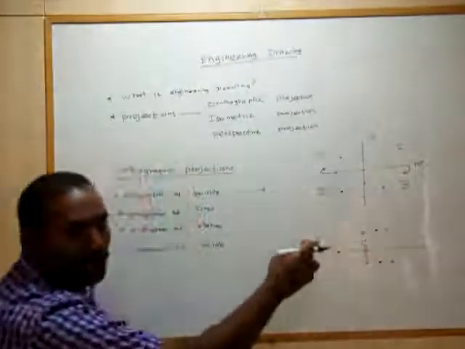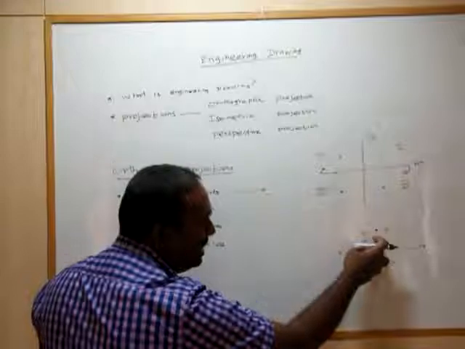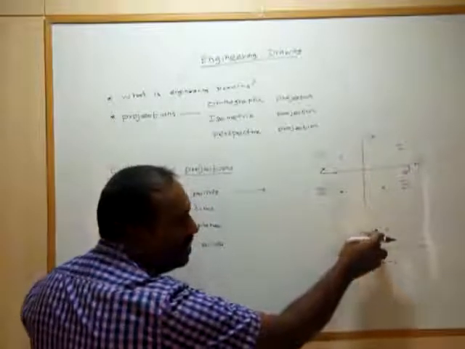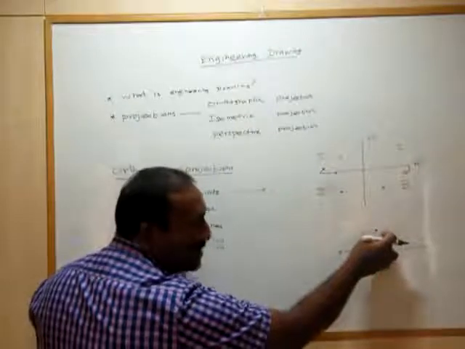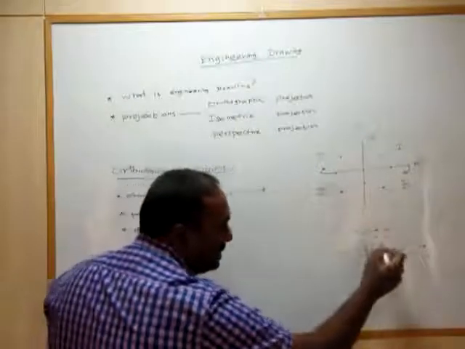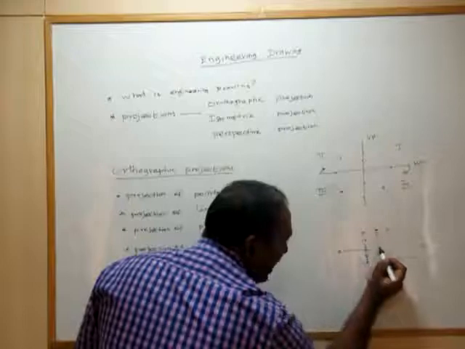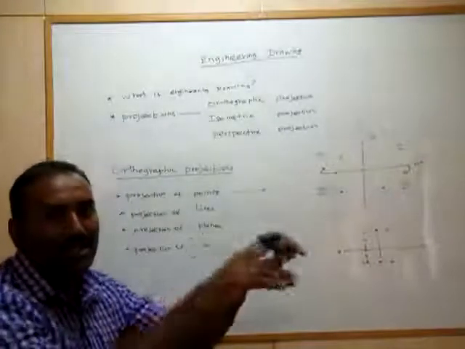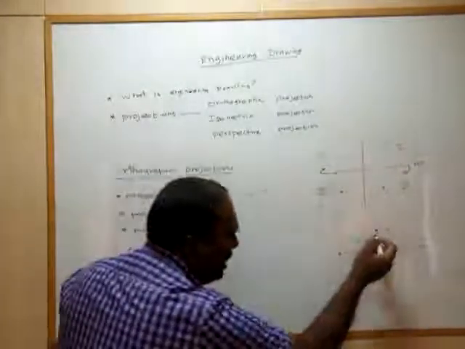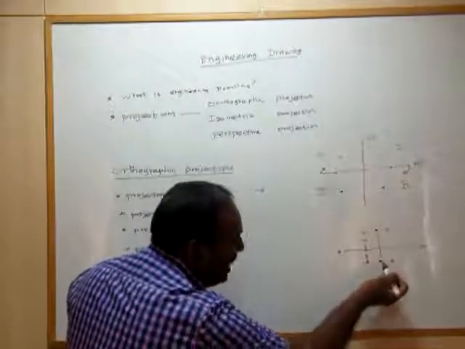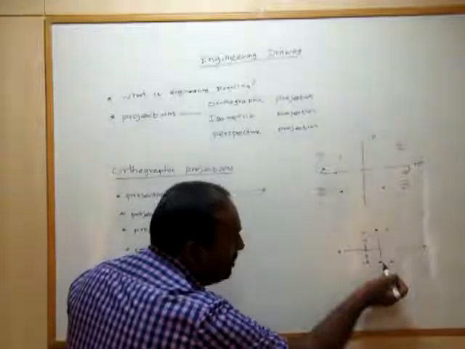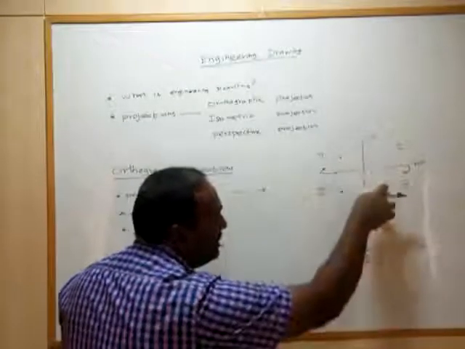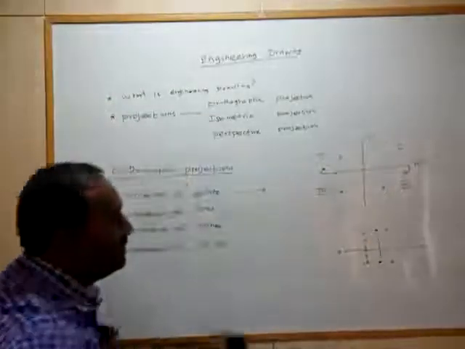For the corresponding orthographic projection of the point A, from the reference line we take 10 mm above, note the point, and the notation is A dash. This is the projection line. The projection line is the visual ray of the observer's eye. The same line we maintain, and this is the point A of the top view, 5 mm in front of VP. So this is the orthographic projection of the point A.